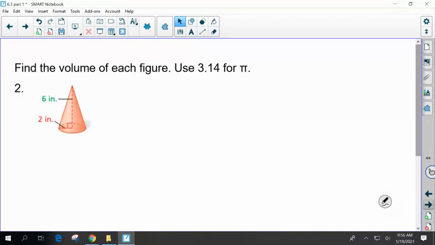Okay, number 2. What kind of shape is this? This is a cone, so we would use pi in this shape. So capital B equals pi times r squared. So in that picture, which number is r? 2. So pi times 2 squared.